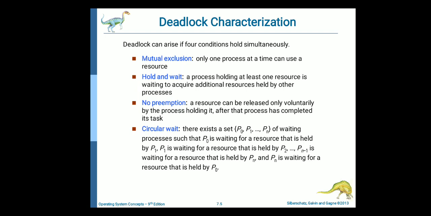A process can hold multiple resources and still request more resources from other processes which are holding them. For example, process P2 holds resource R2 and resource R3, and is requesting resource R1, which is held by process 1.